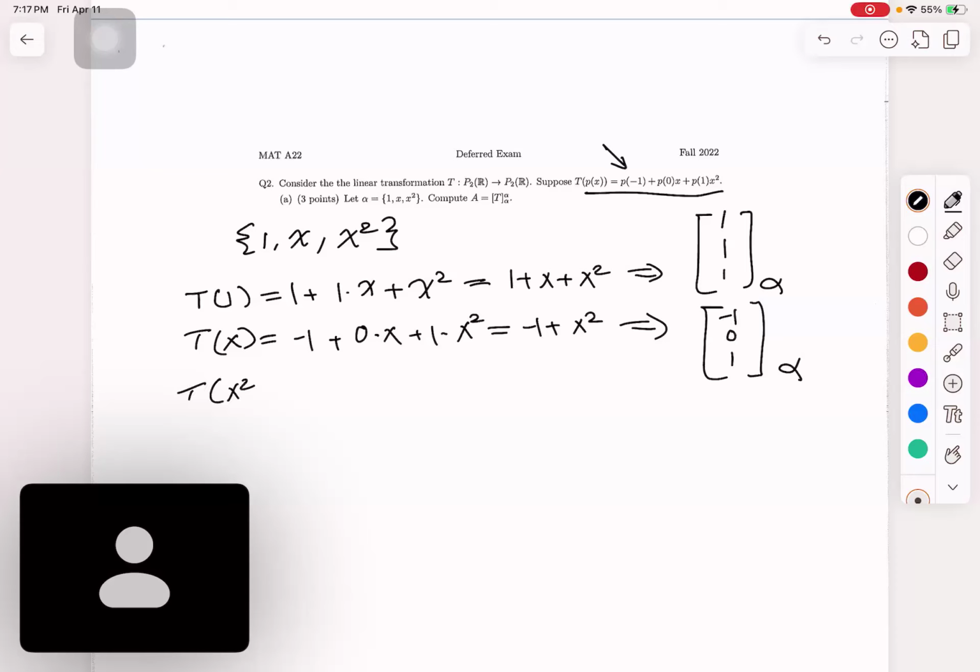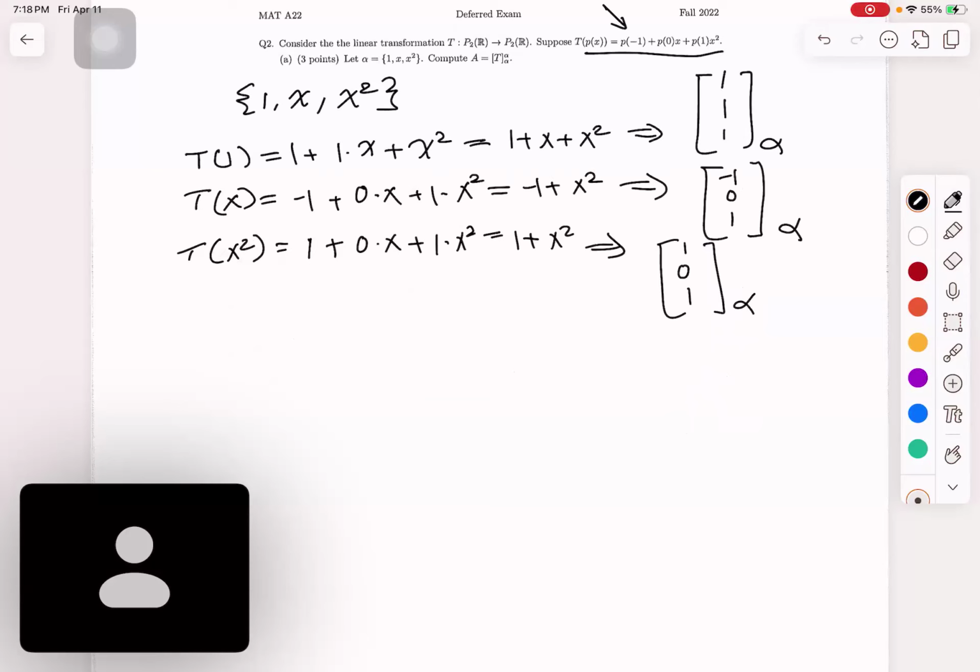For x squared, p of -1 is 1 plus 0 times x plus 1 times x squared, and we get 1 plus x squared. In terms of the basis alpha, we get 1, 0, 1.